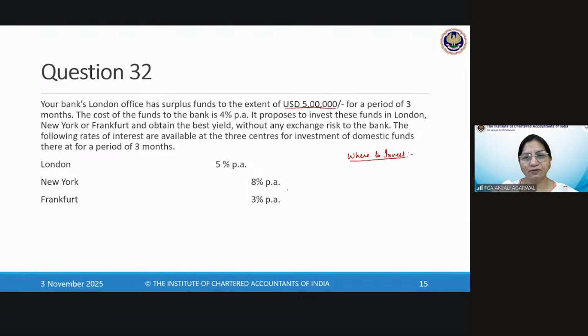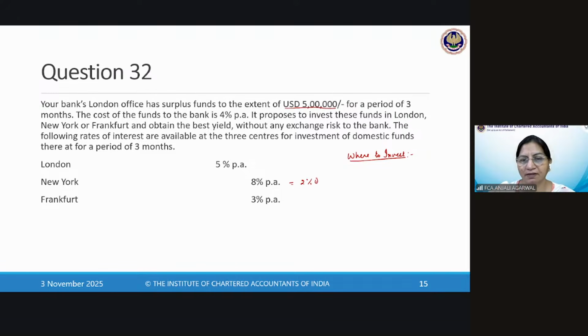If there is no exchange rate fluctuation at all, we can obviously decide that New York is giving us the highest rate of interest, and we have the money in US dollars also. So there's no need for any conversion. Invest 500,000 in New York and get 8% return per annum, which is equivalent to 2% for 3 months.